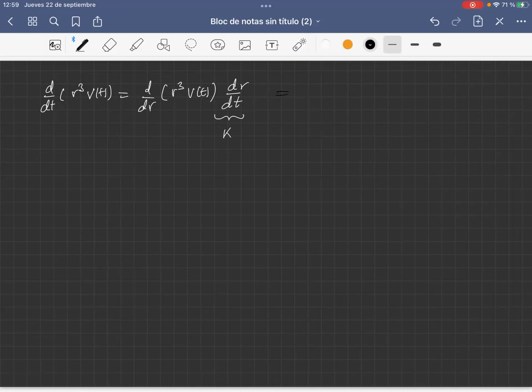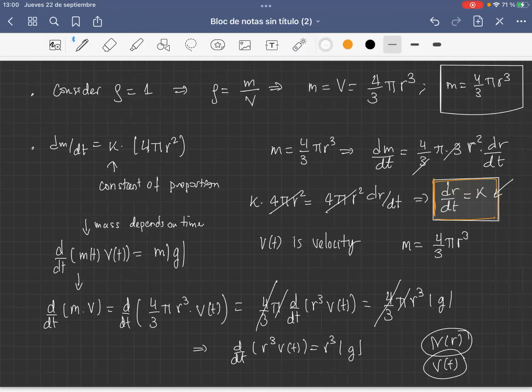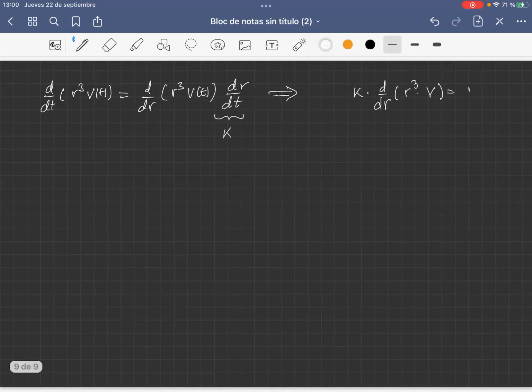So we already have here a new result, that k times differential with respect to r of the third power of the radius times the velocity is going to equal the mass, mass we had already gotten rid of it, it's going to equal the mass times gravity, right? With the third power of the radius.